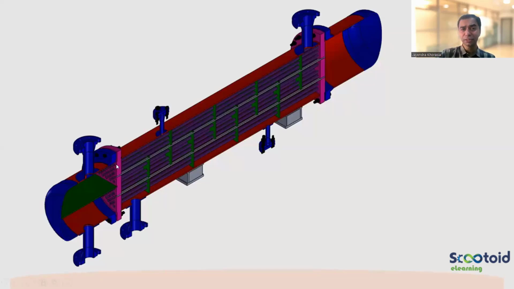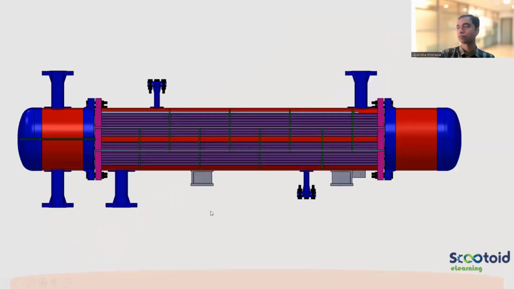In this particular type of heat exchanger, let's move on to the next slide and identify all the parts once again. The outer red color is called the shell. This one is called the tube sheet, and these are the tubes.